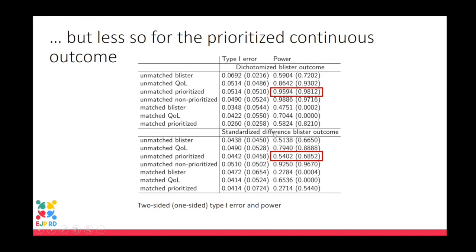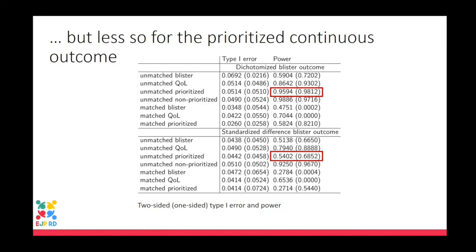Now, if you look at the standardized count outcome itself, we have much fewer ties because we compare the count itself, so it has much more granularity. And so fewer pairs go to the level of the quality of life, so it in fact uses much less information from the quality of life.